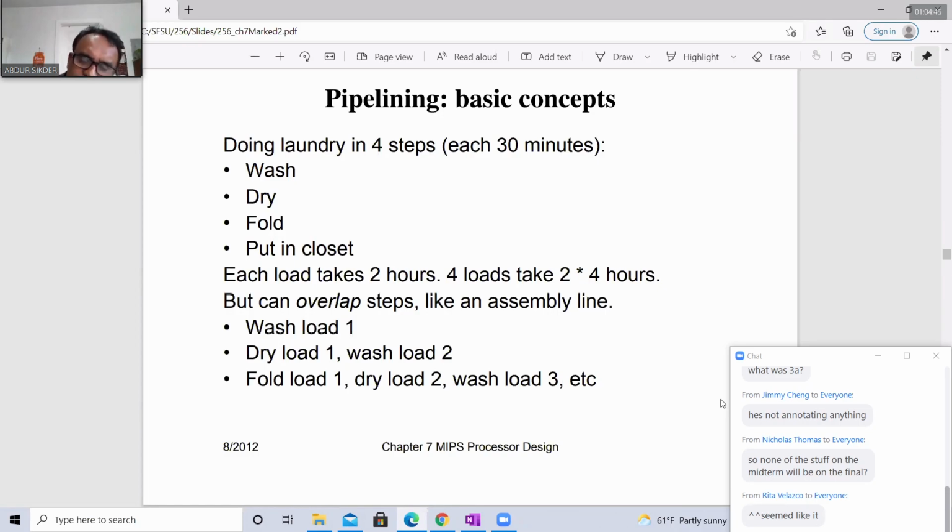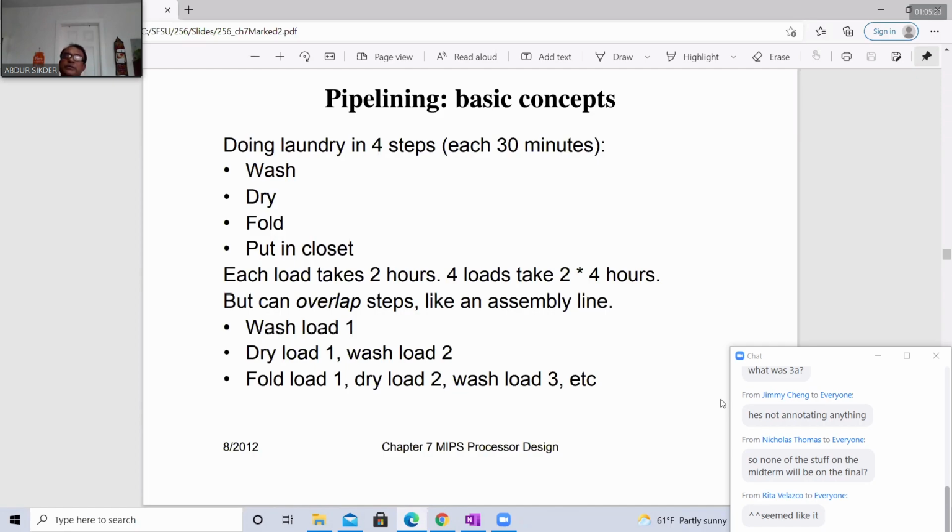If we have four baskets of clothes and go through them one by one, it will take you 8 hours. But if you use the pipelining technique, that will save your time. How do you use it? You have four loads of clothes ready. Take basket one and put it in the wash, which takes 30 minutes.